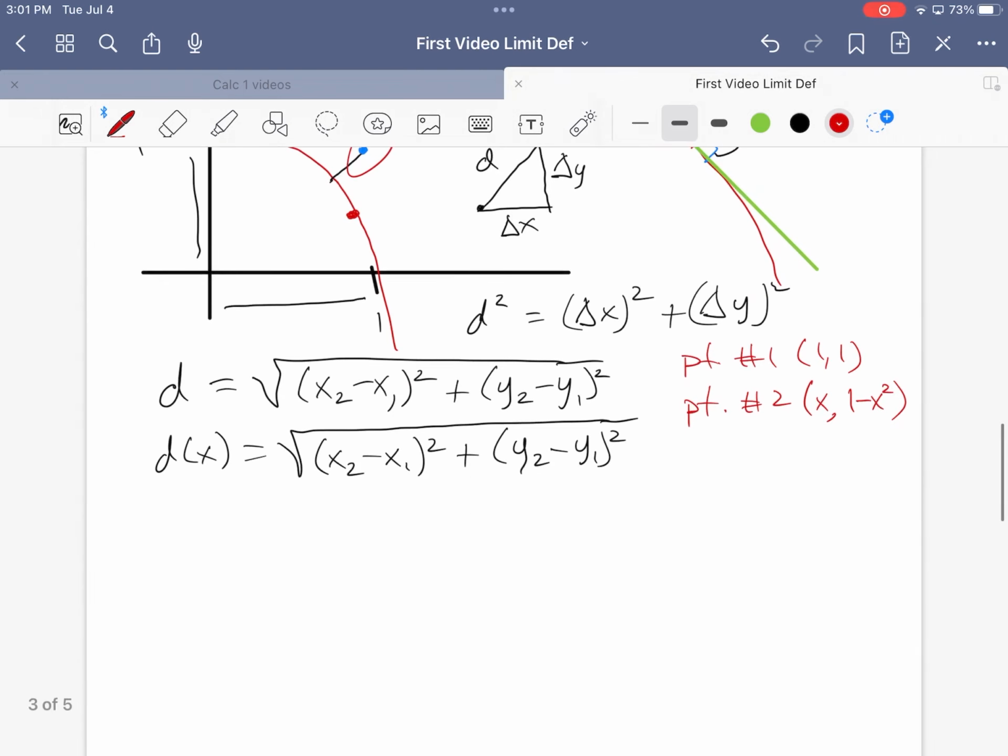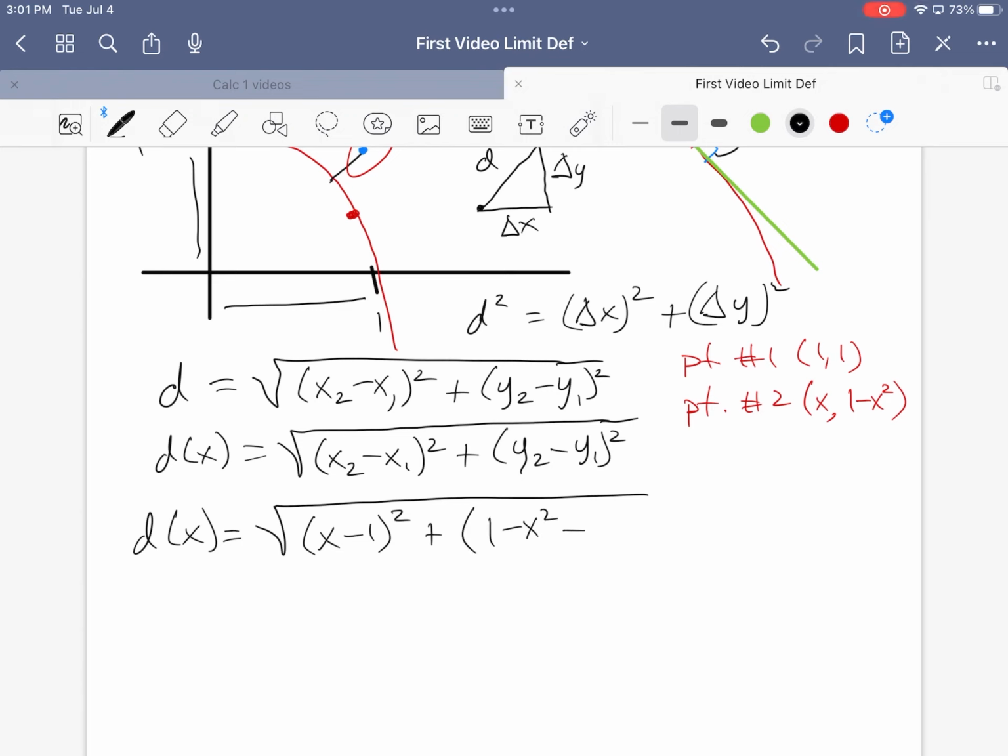So if we look at this here, we're going to have the distance function d of x equal to the square root of x minus 1 squared, that's x2 minus x1 squared, plus 1 minus x squared minus 1 squared.